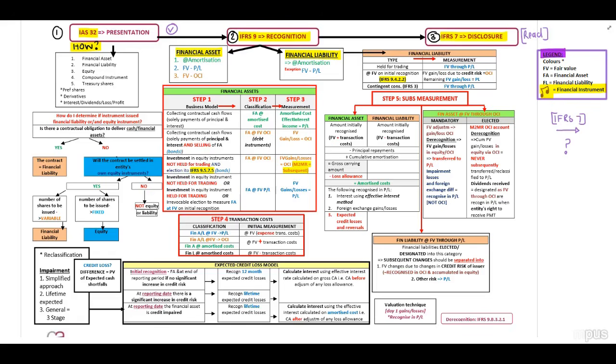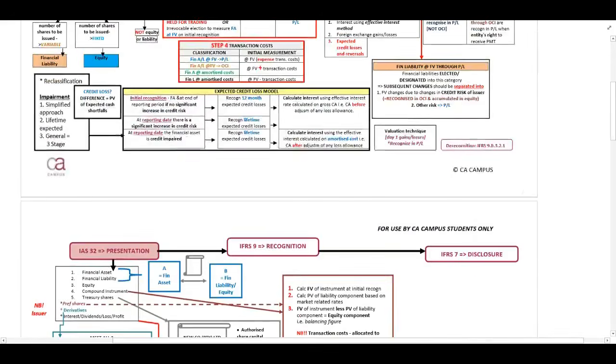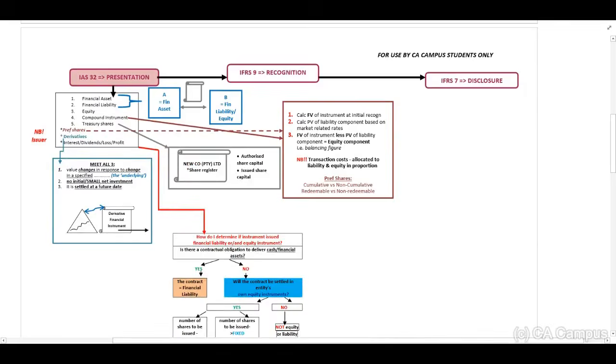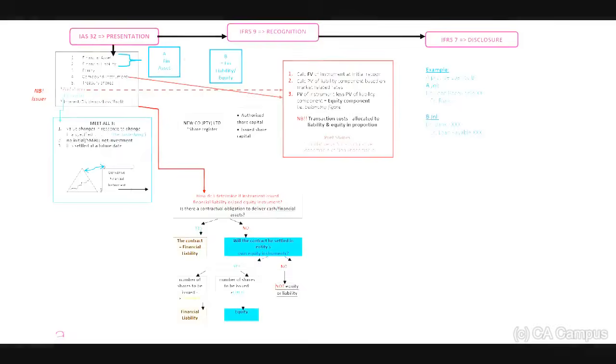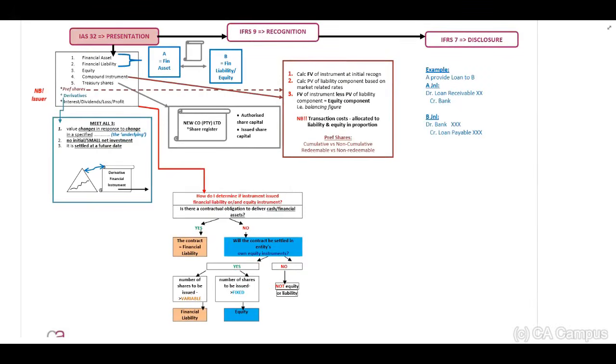Now remember, I've indicated to you that I have divided this page into a few smaller pages, or not smaller, same size, but with less information. Our second page, we will only focus on IAS 32, our presentation. IAS 32 provides us with a few definitions.